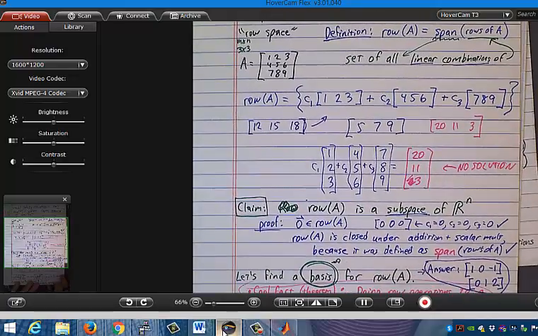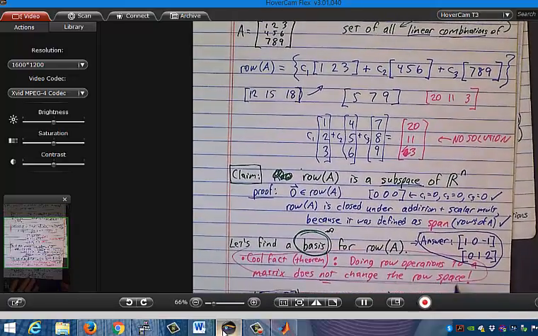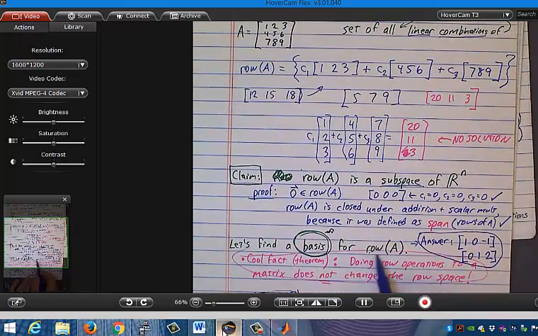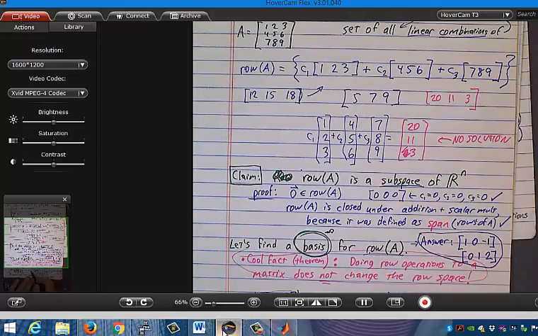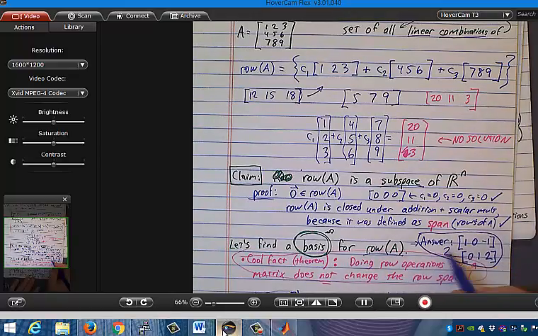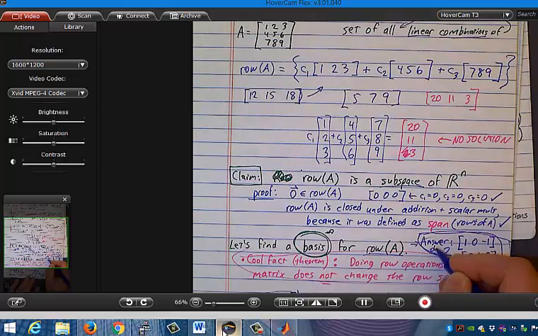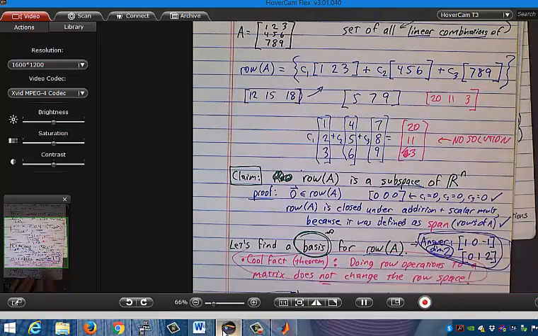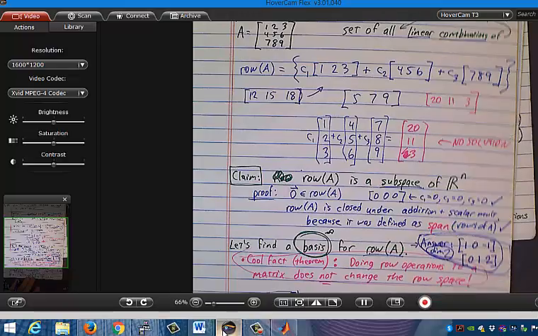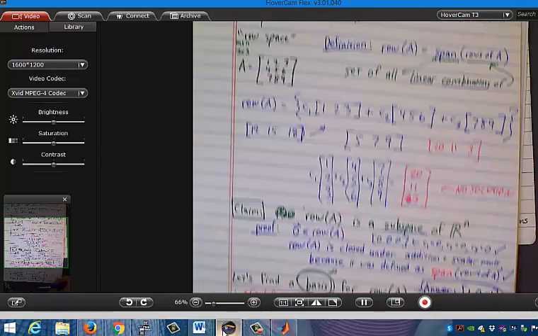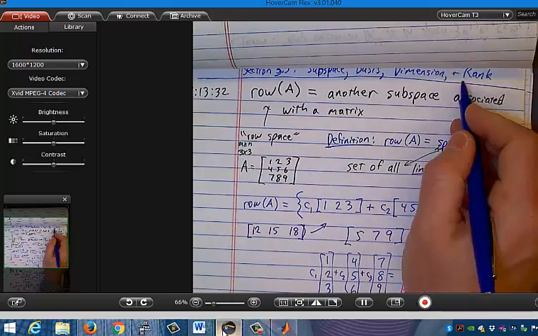Here's my question, guys. What is the dimension of the row space of A? 2. Because a basis has to have two vectors. Dimension 2. And I want to come back to talking about rank.